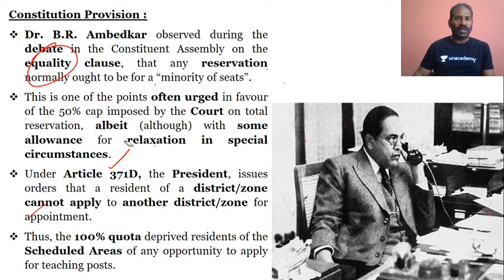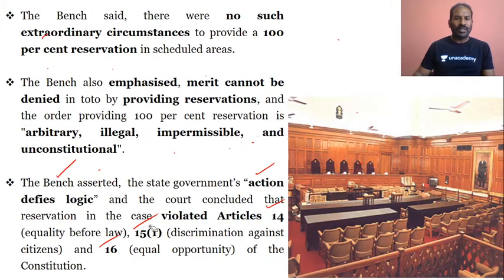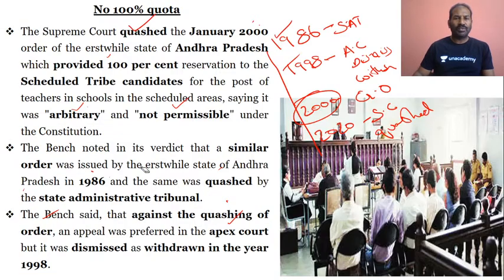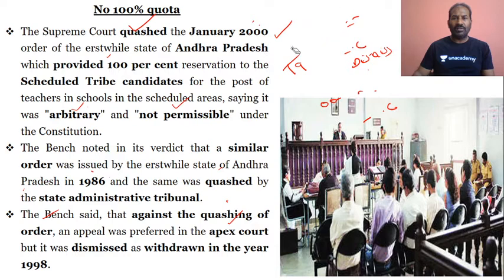So we have looked at various aspects of how the question could be framed, factual or analytical, from the prelims and also mains point of view. And then for the benefit of the viewers, I also made sure to cover the chronology: 1986, then 1998, 2000, 2020, the final judgment as of now.